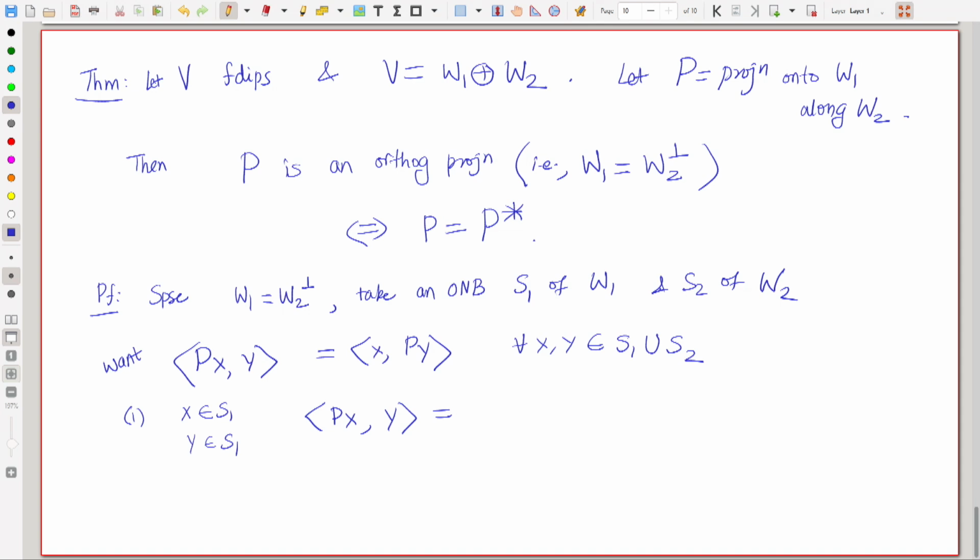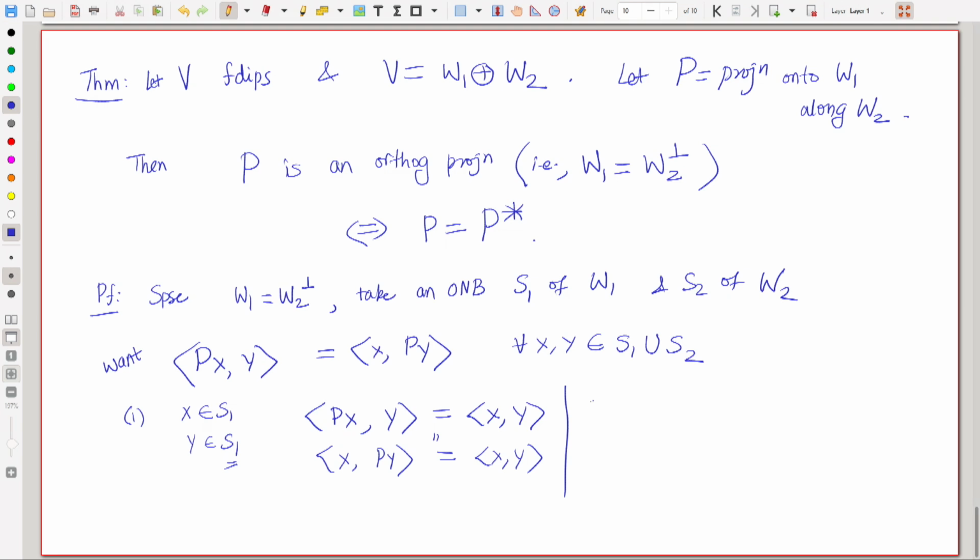It will just be x itself, right, because a projection on W1 acts as identity. So Px is just x. So this is x comma y. And what is the right hand side? X comma Py. Again y is also from S1. So Py is also y. So again it is equal to x comma y. And so of course these are equal, right. So this is case 1.